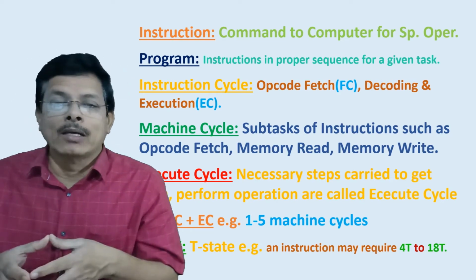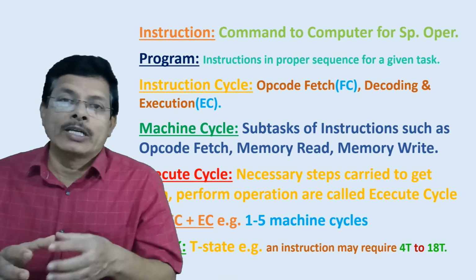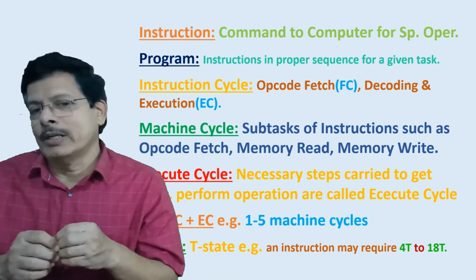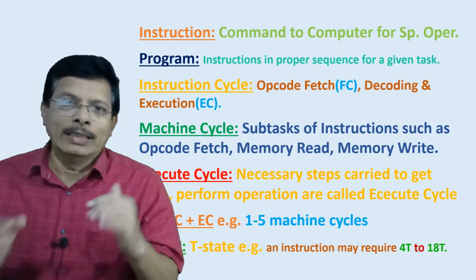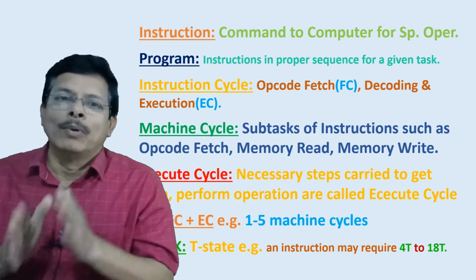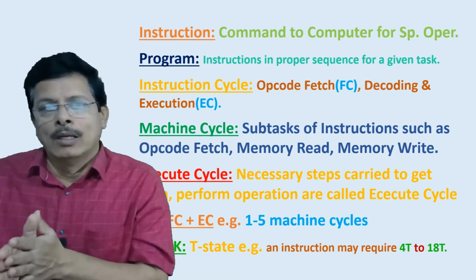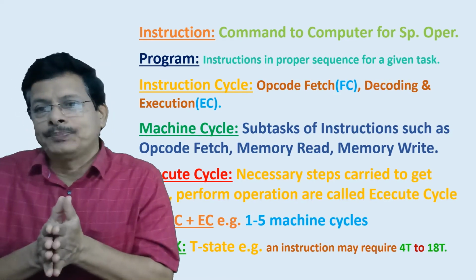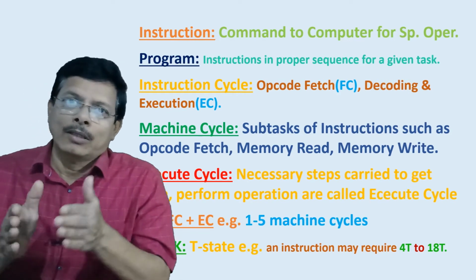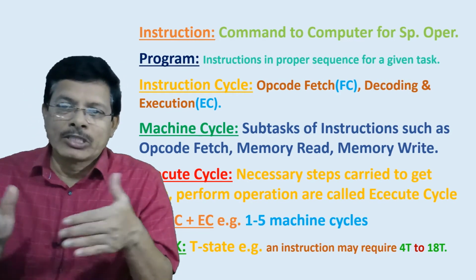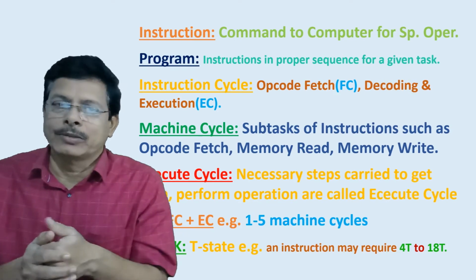In the execute cycle, the microprocessor generates a particular set of control signals, and therefore the bottom line is that the instruction cycle is fetch cycle plus execute cycle. Then the instruction cycle requires different time for execution depending on its size and the kind of operation.